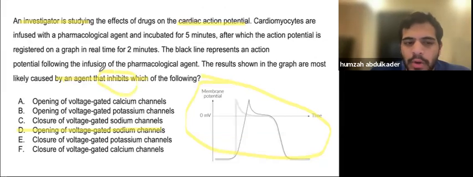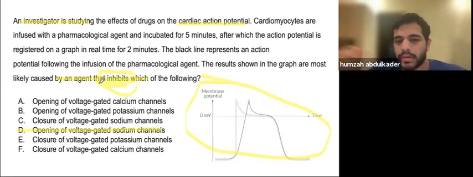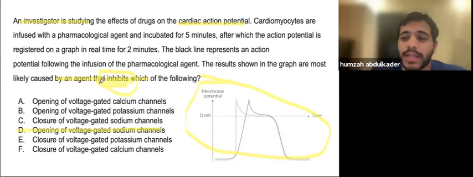Okay. So what's inhibited is the opening of the sodium channels. The closure of the sodium channels is not being inhibited. Does that make sense? Specifically, you have to look at what the question's asking here. It's not asking what's being done. It's asking what's being inhibited. So that specific word, that's why what's being inhibited is the opening.